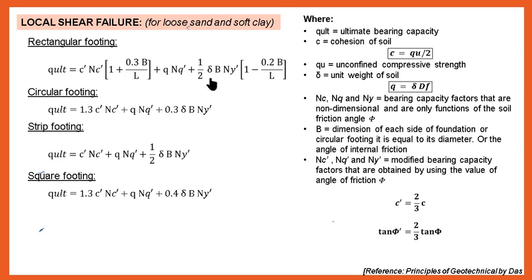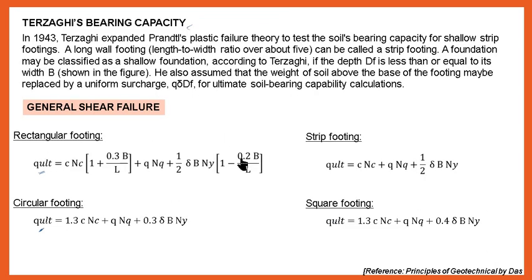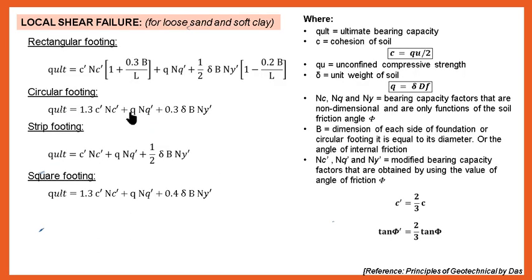So, parehas actually yung ating equation. Pag mapapansin nyo, yung equation for the rectangular, circular, strip, and then the square, parehas lang doon sa ating general shear failure. Ang kaibahan lang dito, yung ating cohesion, ang gagamitin natin for local shear failure is c prime.